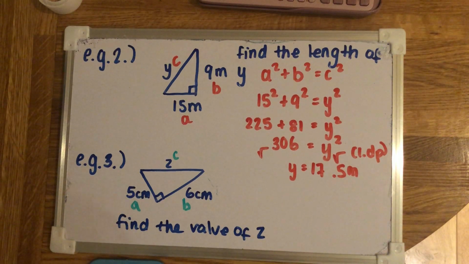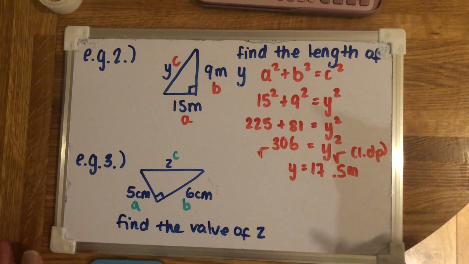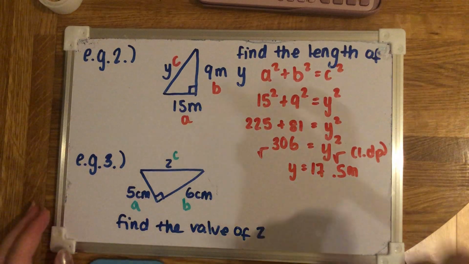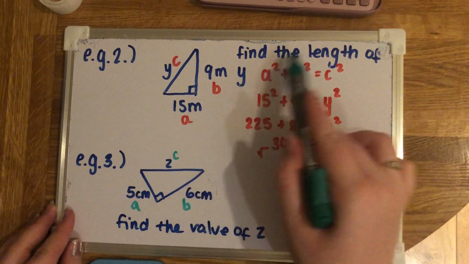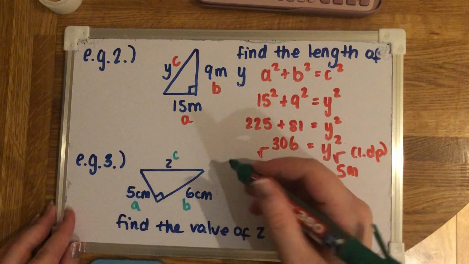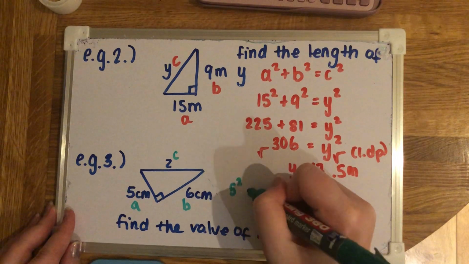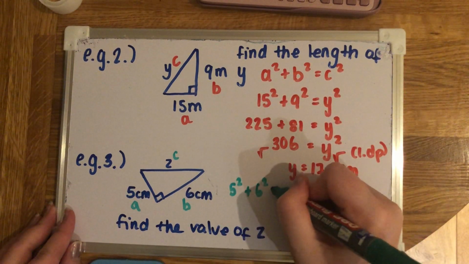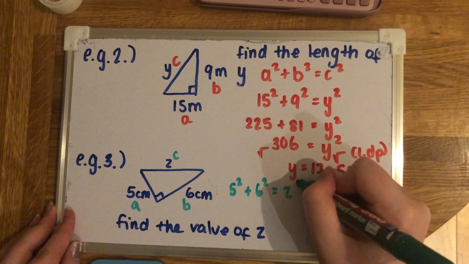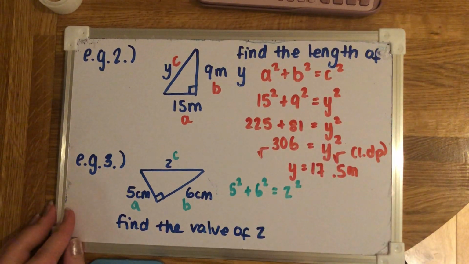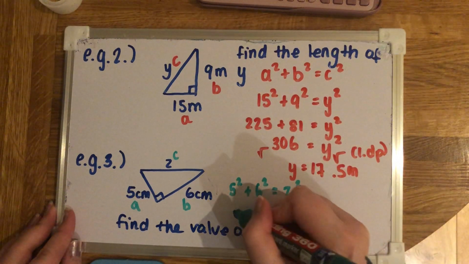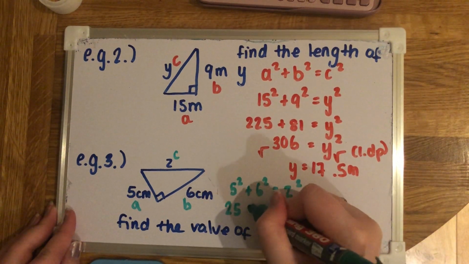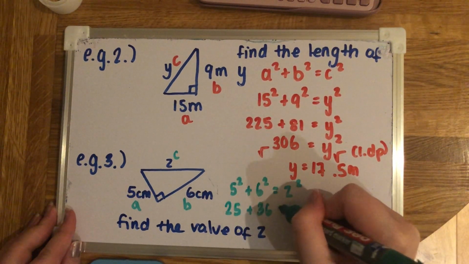Okay, I'm not going to write the formula this time because if you can notice I'm really running out of space. So I'm just going to use it from up here. So we know our A is 5. We know our B is 6. And we know our C is z, so z squared. Okay, then we work out what 5 squared and what 6 squared is. So that's 25 and 36.